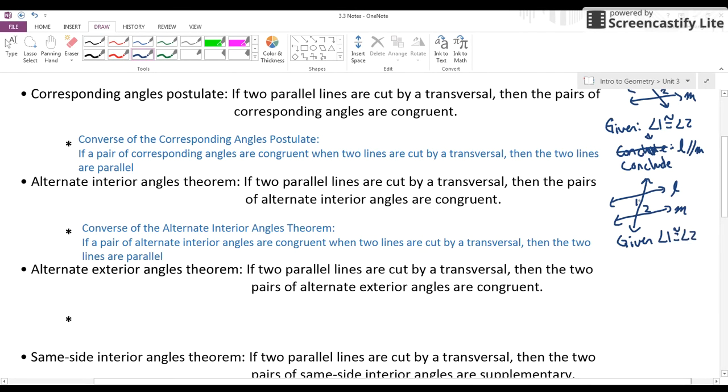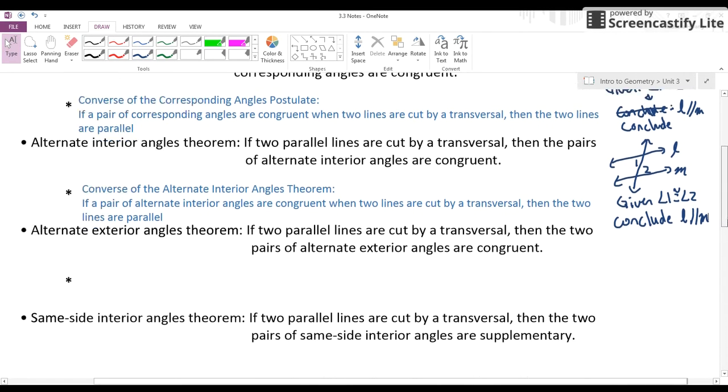Since they're in the alternate interior angles position, that's the relationship, we can conclude, I really can't write this word today, we can conclude that L is parallel to M. So this is basically the theme of today's notes.